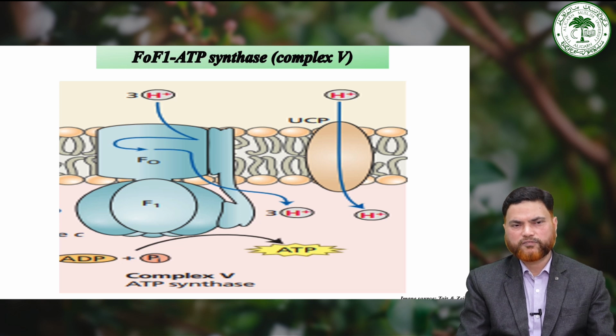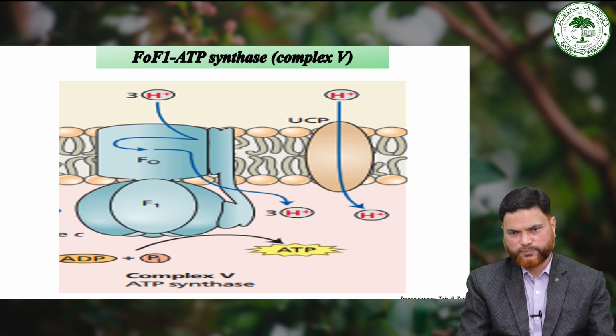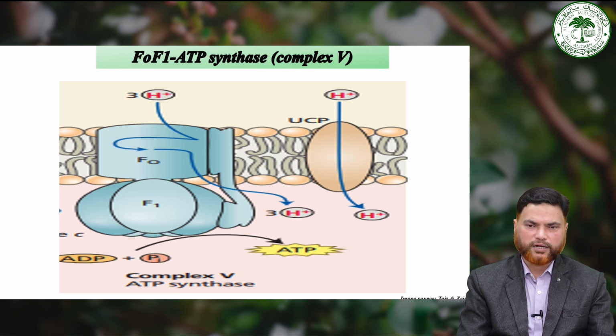The efficiency of ATP synthesis depends on the nature of the electron donor. Complex 5, also known as ATP synthase or ATPase, is a very remarkable enzyme complex located in the inner mitochondrial membrane of eukaryotic cells.